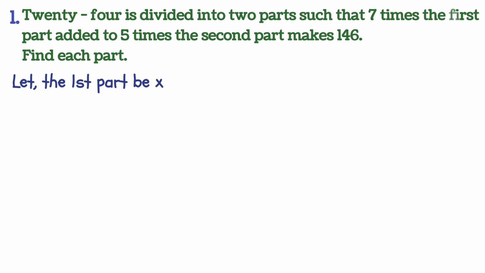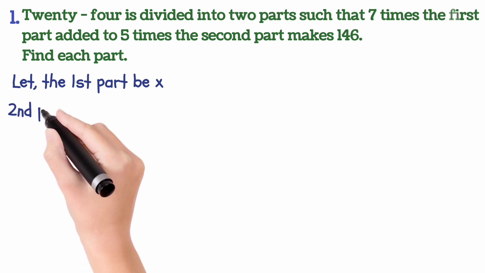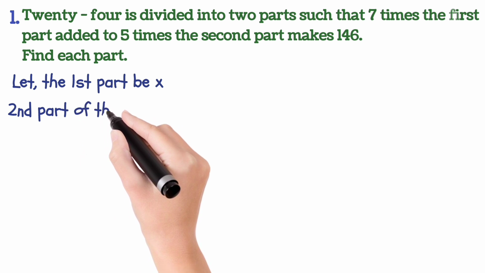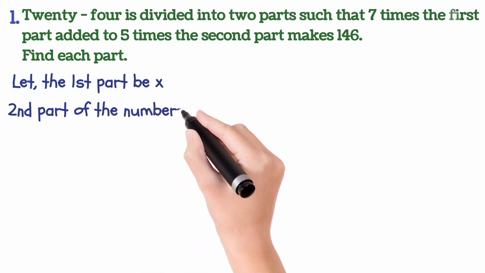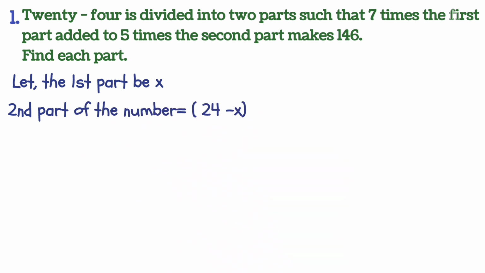First we are assuming let the first part be x. Then what will be the second part? The number is 24 and the first part is x. So definitely the second part is 24 minus x, right?